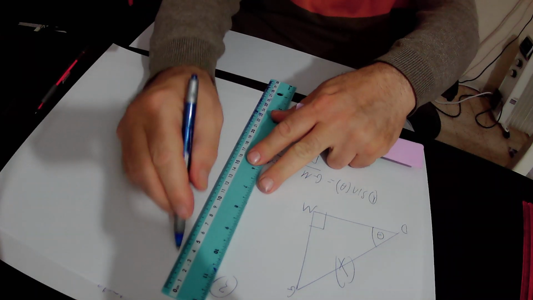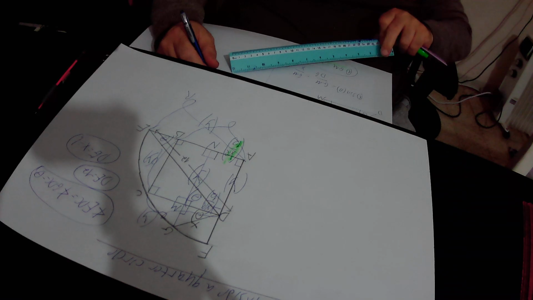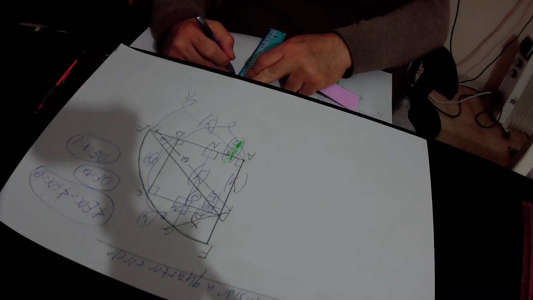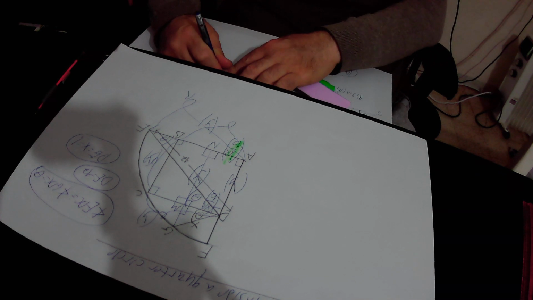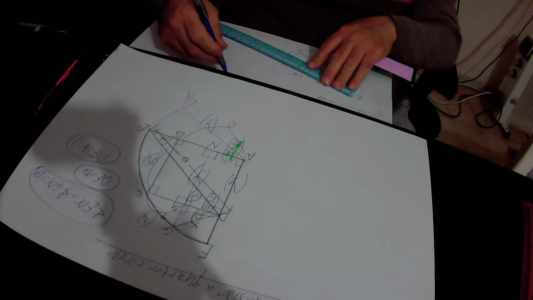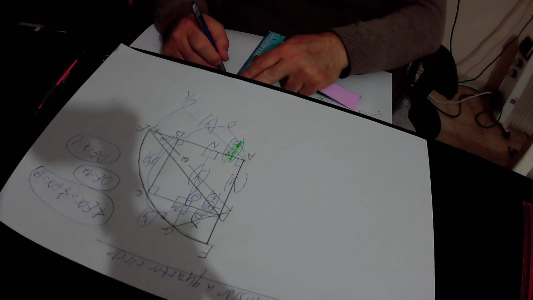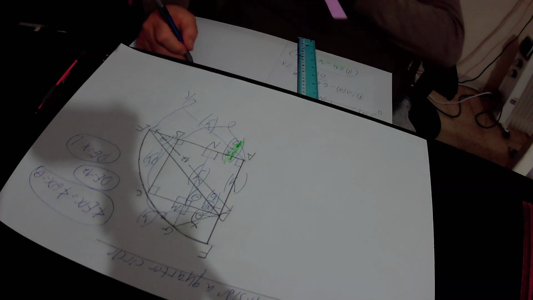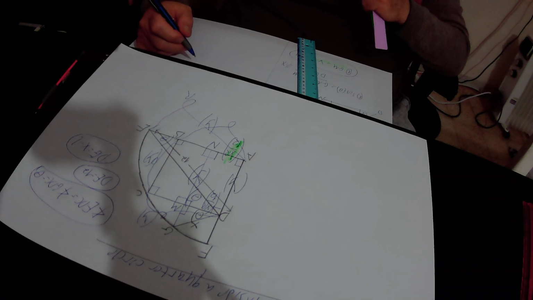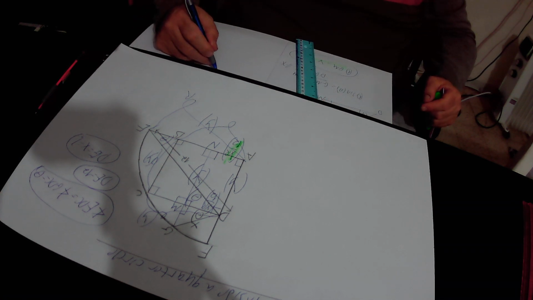In the next step, we'll focus on the right triangle ADE, so I'll copy the right triangle ADE again. Side AE equals R, it is the radius of the circle.